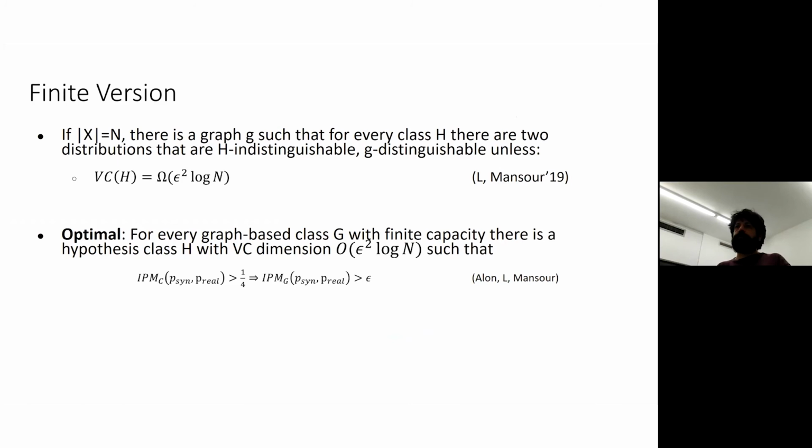So you cannot expect that you have some graph that does something that cannot be done by any hypothesis class. But you can still get some upper bounds and lower bounds, and you can show that the VC dimension of the class H would need to scale logarithmically with the size of the domain if the hypothesis class wants to compete with our graph.